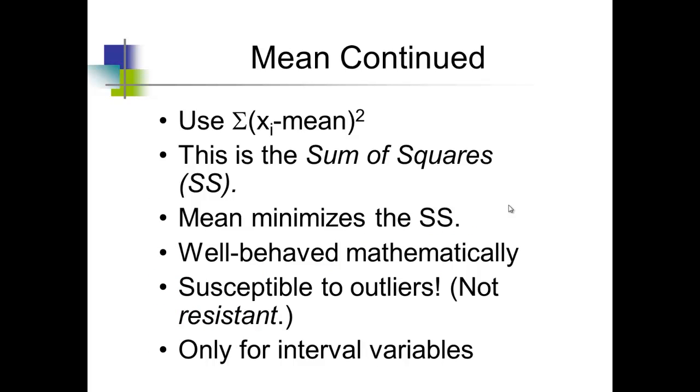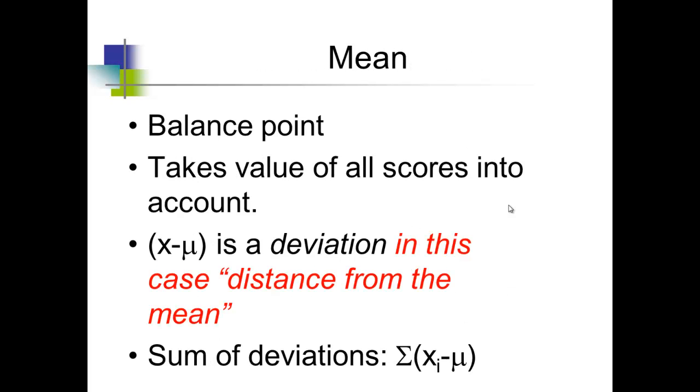So what some people have done is they square the deviations, and this is the sum of squares. I'm sorry, I didn't explain that right. Sometimes they will sum the deviations, like here, and that's denoted with the sigma. This guy right here, it's sigma.